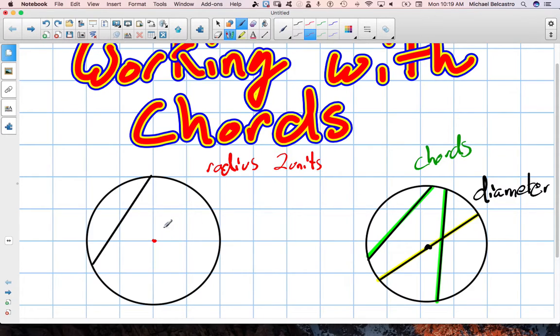Okay, and I'm also going to give you the distance of this chord. We'll call the chord from point A to point B, and point C is the center. Worked out nice, eh? And we're going to say that this distance here is approximately 3 units.